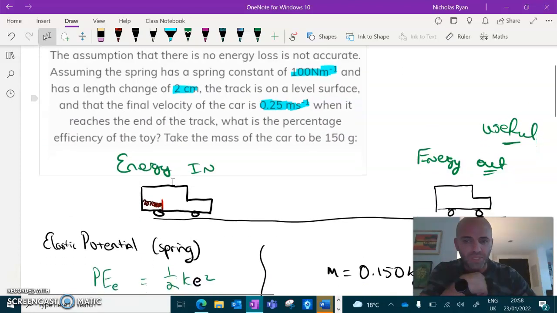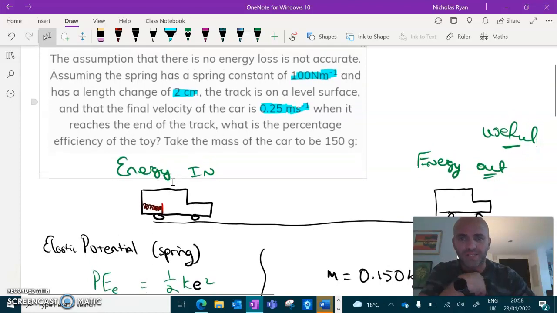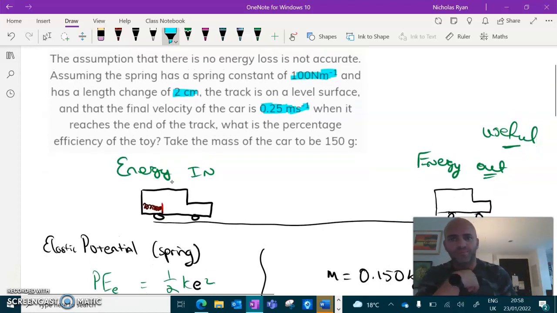But I'm assuming the question goes a little bit like this: there is some sort of little toy car, and it's some sort of wind-up thing with a spring in it. So you press on the spring a little bit here, and then you release it and the car starts to move. So you have two different stages.